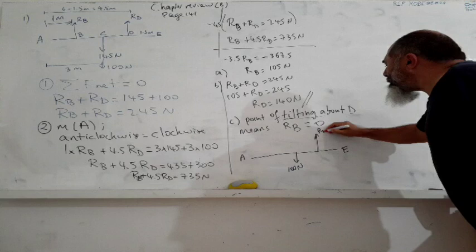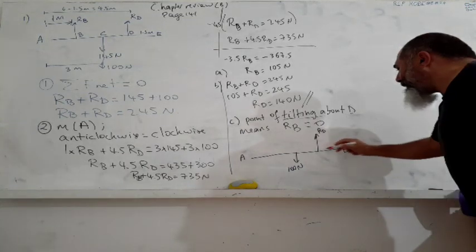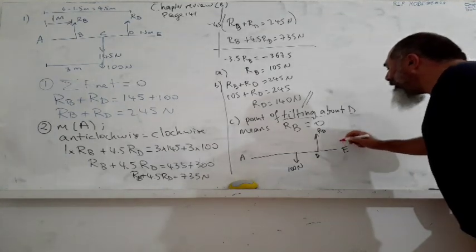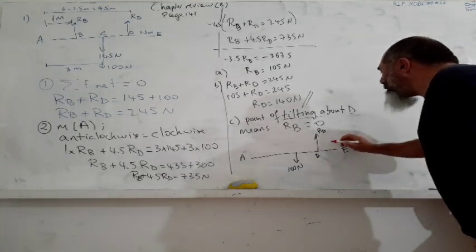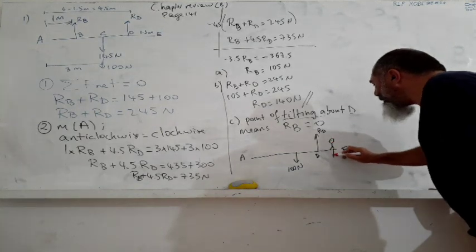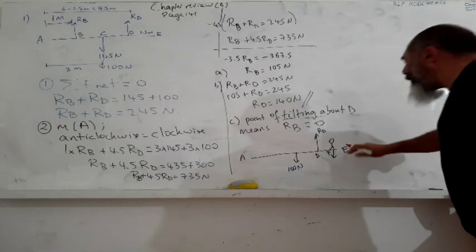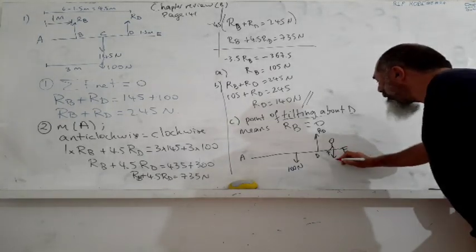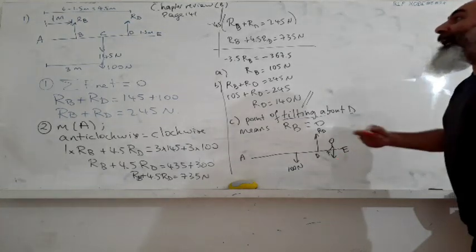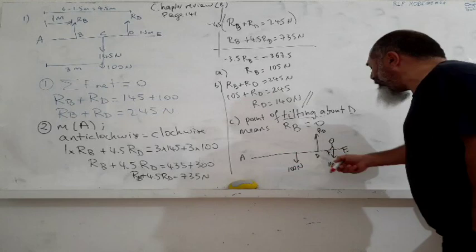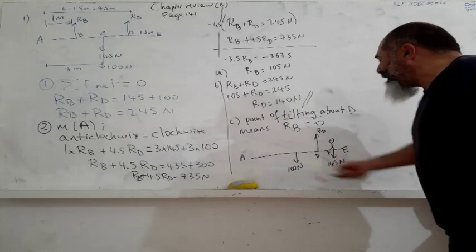For the plank to be tilted about D, the child must be somewhere here. The point is F, but we don't know its real place, and we don't care about its place. We are going to find the distance of the child from point A. This is unknown.